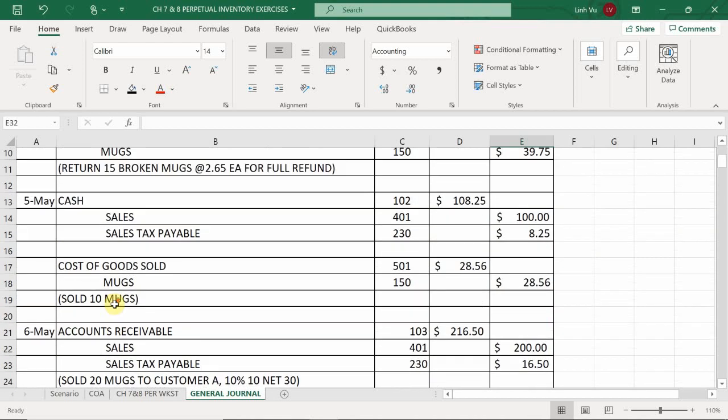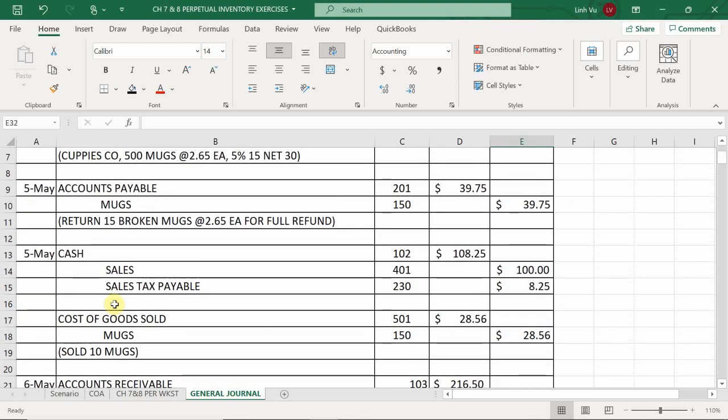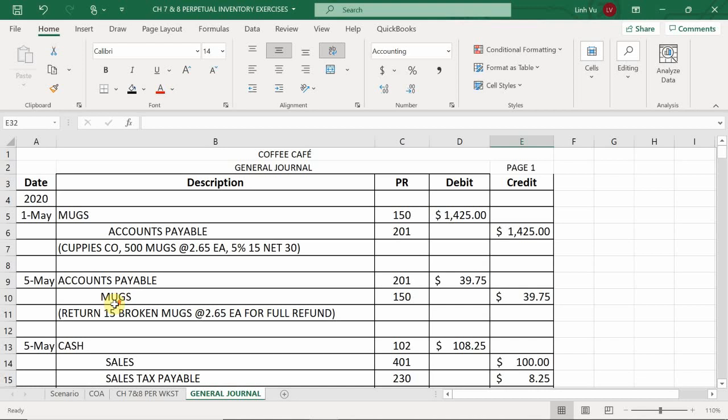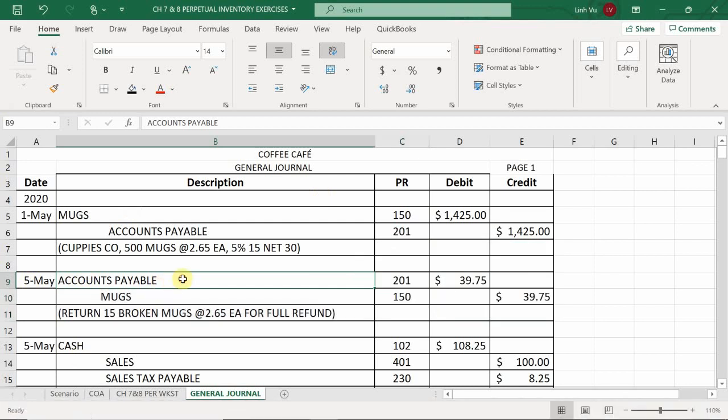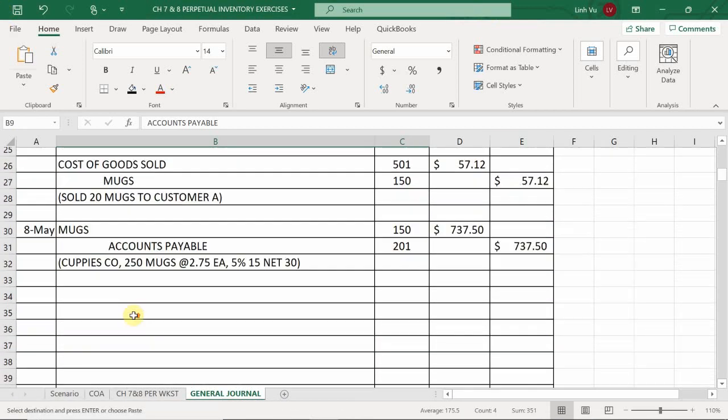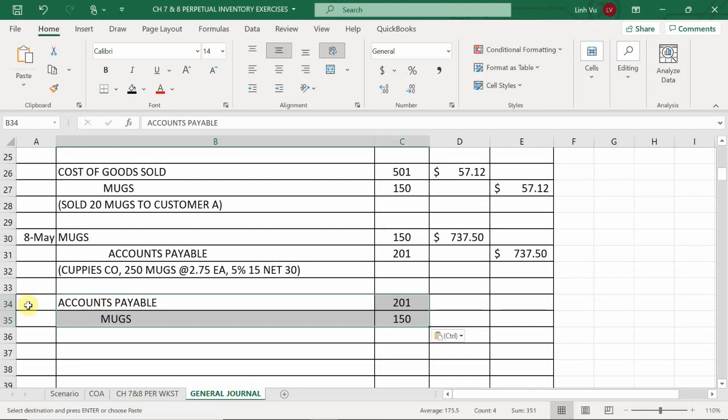So I end up returning my mugs, or in this case, getting a discount. I got an allowance. So what am I going to be taking it out from? Right now, everything's in my inventory, so I'm going to take it out from my inventory, just exactly how I did it in my inventory worksheet.